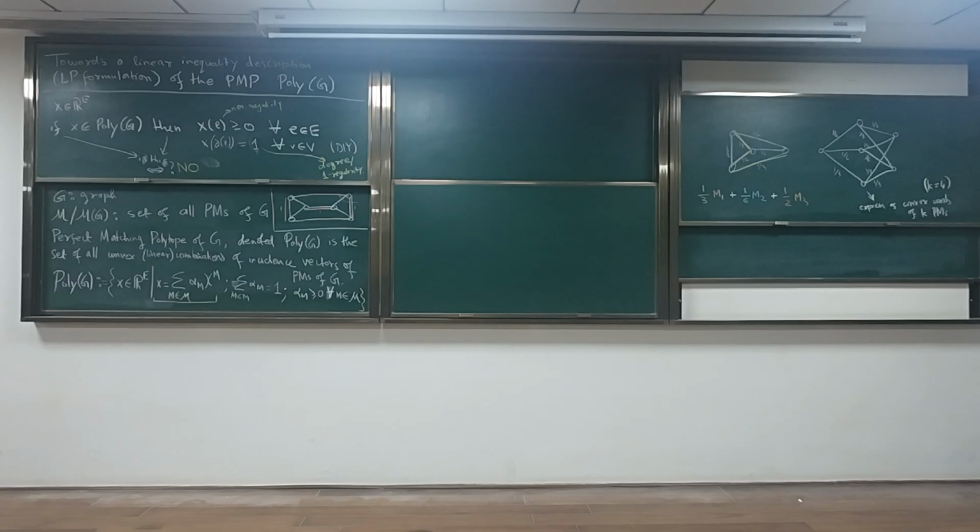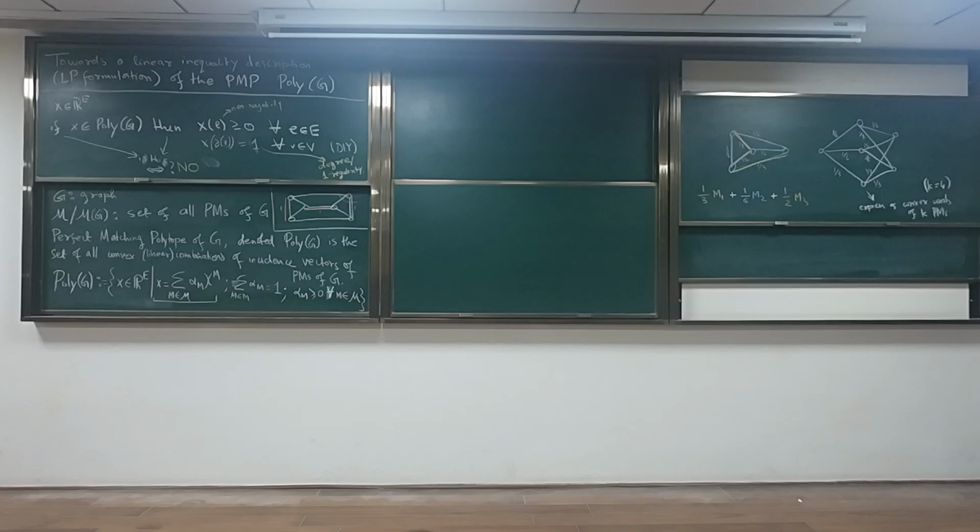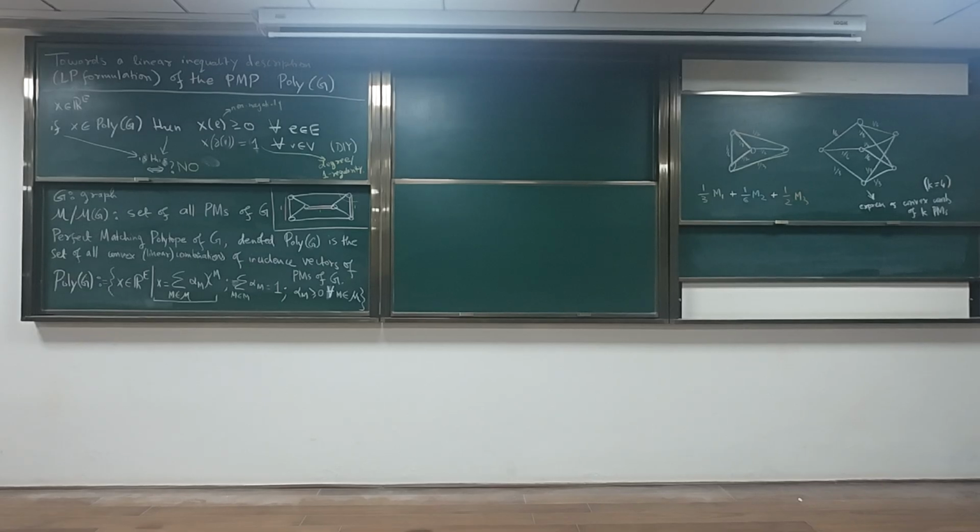Which vector? The orange one. It's non-negative and one regular. No, so we want a vector that doesn't belong to the polytope. You're allowed to use fractions, no? You can put half, 1/3. So I wanted to satisfy these two conditions.